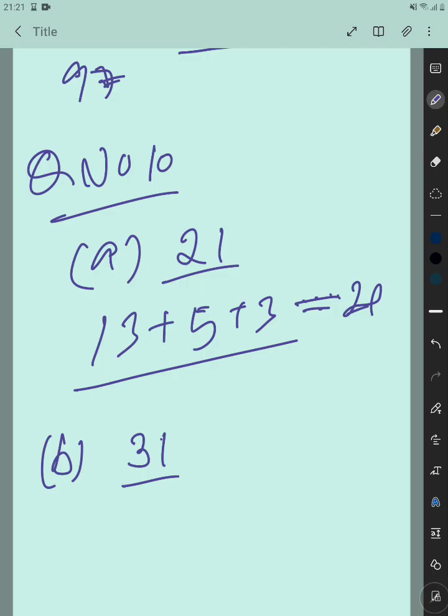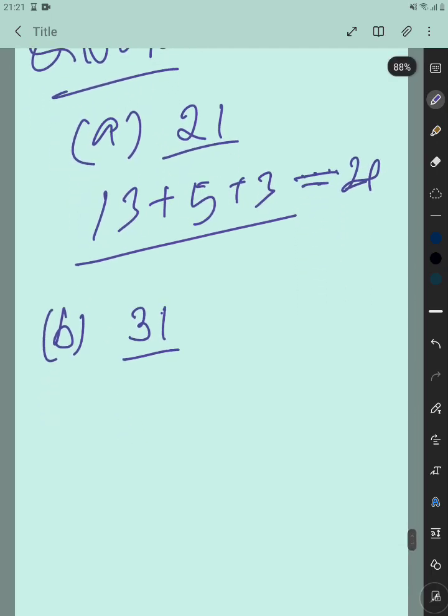For 31 we have to try. Suppose we take 17 and 7, it will become 24, and the remaining will be 7, so it cannot fit.